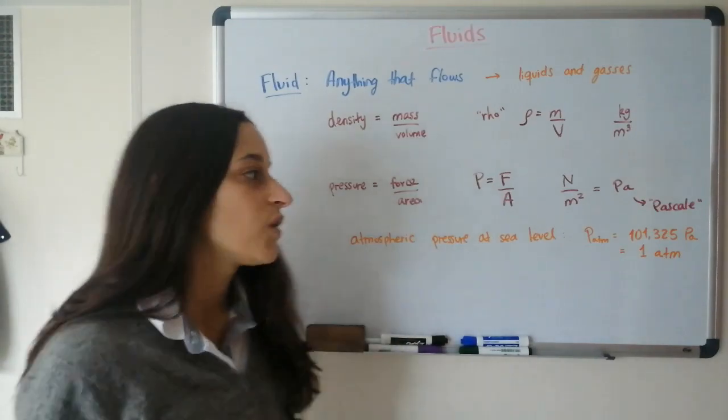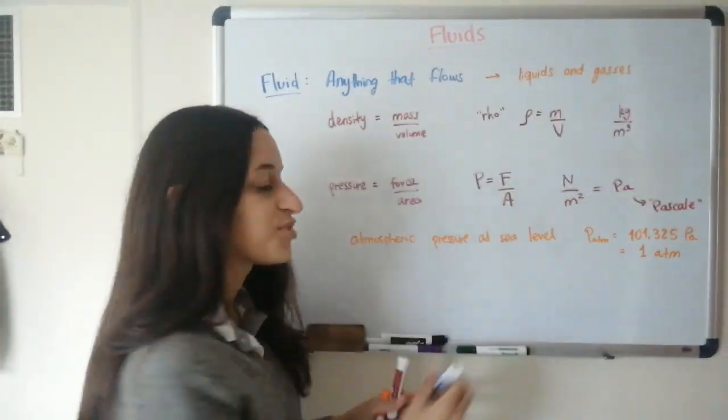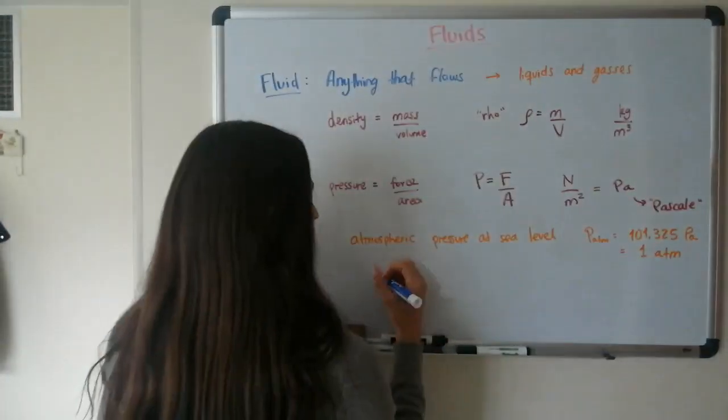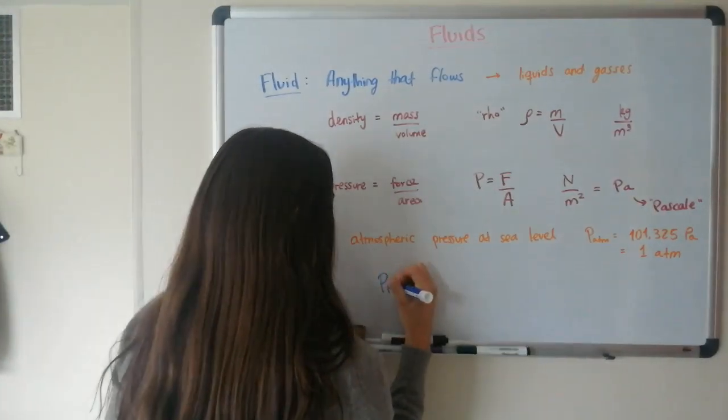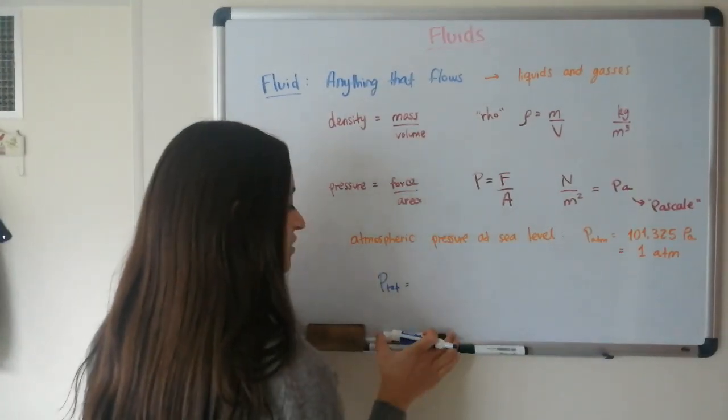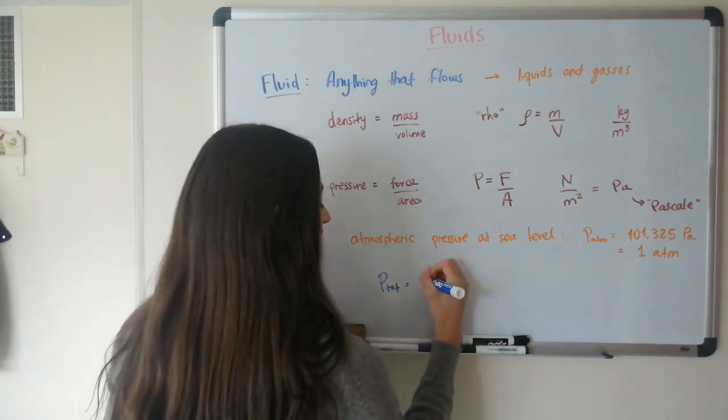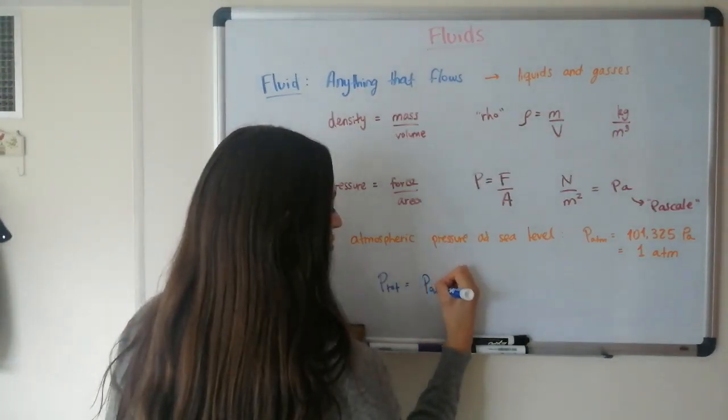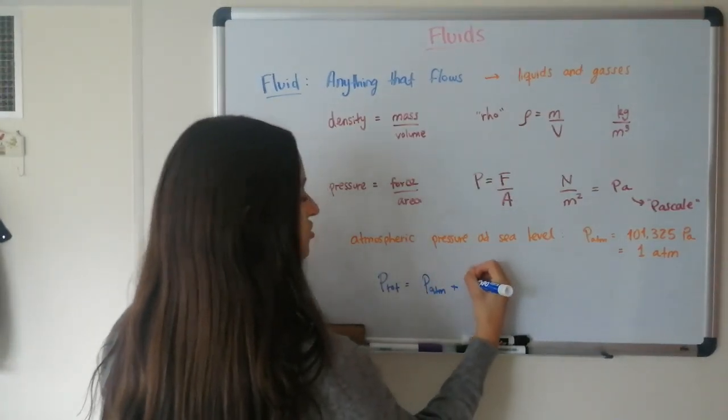So the equation, if you wanted to figure out the total amount of pressure acting on you, which we would call the total pressure, P tot, you would have to add the atmospheric pressure plus the pressure done to you by the fluid, or by the pool in this example.